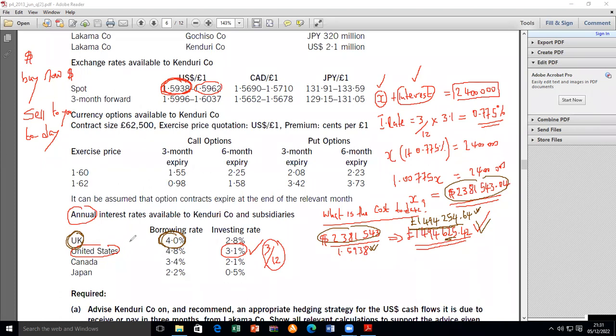And for 3 months, how much does that come to? 1%. So then, what is the cost in 3 months' time? What is the cost in 3 months' time?